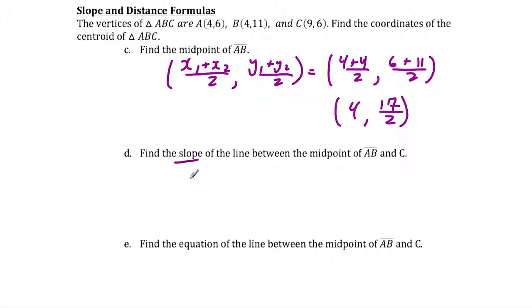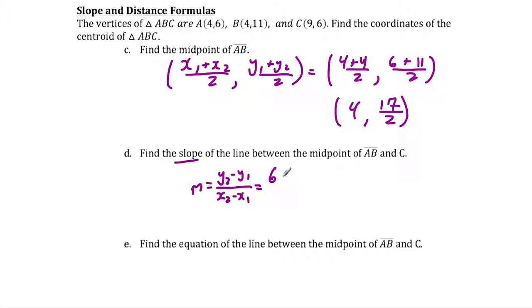So slope is m. So m is equal to y2 minus y1 over x2 minus x1. And so this is going to be the change in the y's.